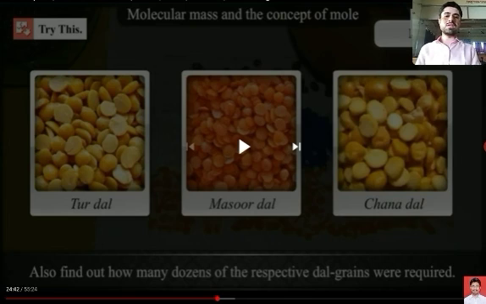After finishing this activity, we will find out how many dozens of respective dal grains were required for the same amount of mass for tur dal, masoor dal and chana dal. In this way, we can calculate different numbers of tur dal, masoor dal and chana dal grains for the same amount of masses also.